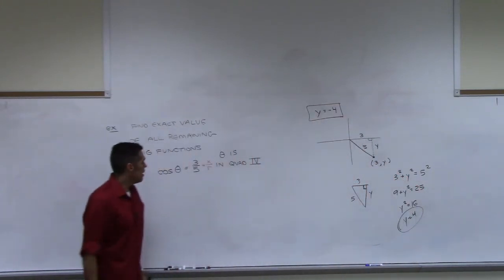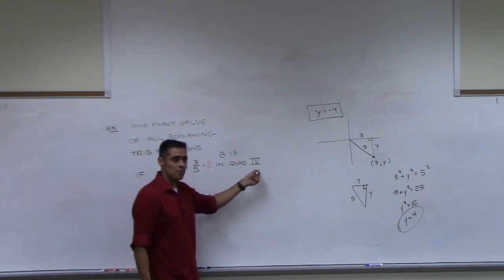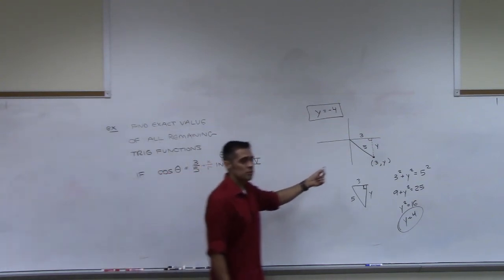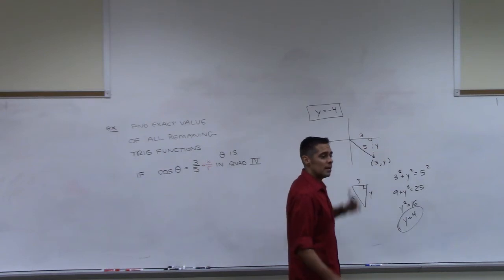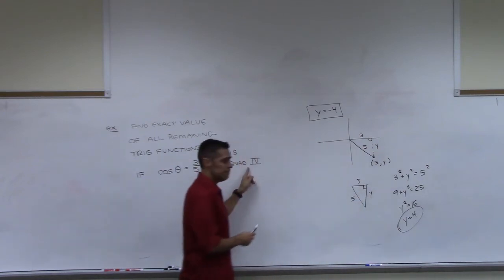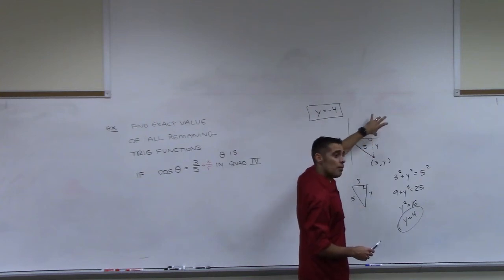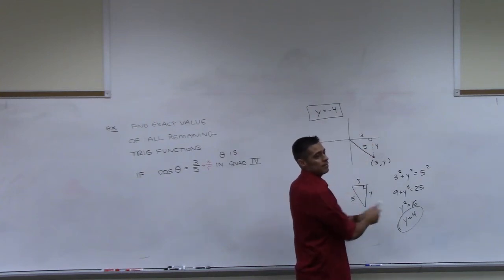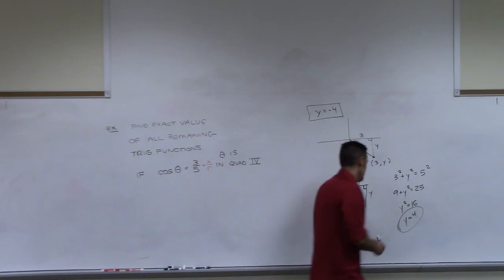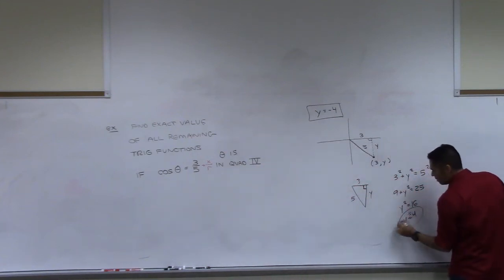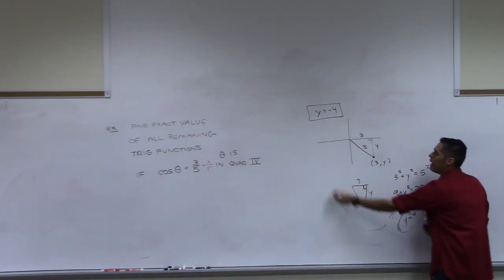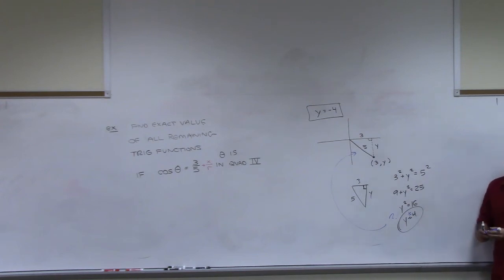Had they put us in a different quadrant, we would have drawn our triangle a different way. Like if they would have said we're in quadrant 1, our triangle would have gone like this, and then our y would have been positive 4. So this is kind of like a plus or minus, and you're not sure until you look back at what quadrant you're in to figure that out.